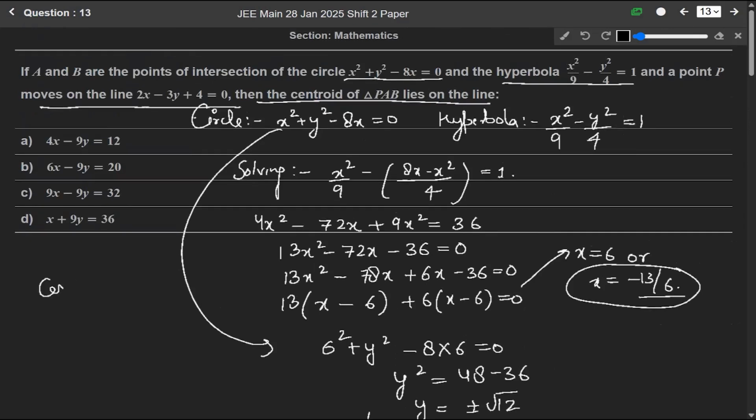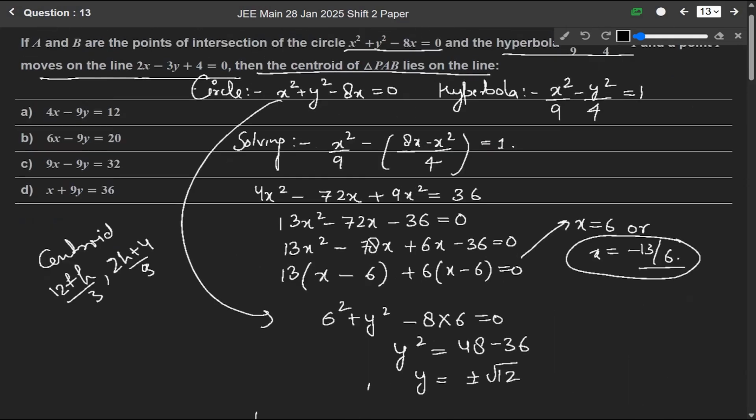Wait a minute, the centroid is (12 plus h) over 3 comma (2h plus 4) over 3. Sorry, (2h plus 4) over 9. So if we see these centroids, they will lie on the option line.